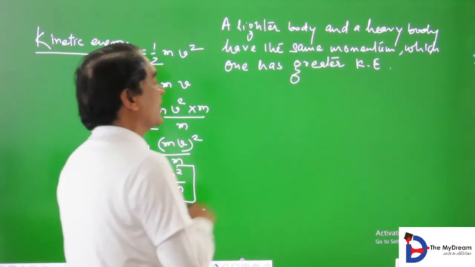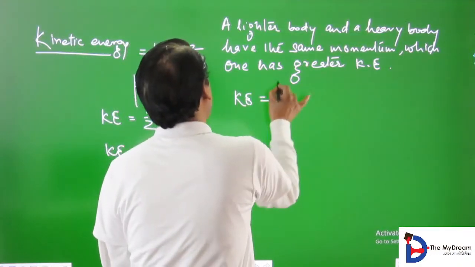Which one has greater kinetic energy? So kinetic energy is given by P square by 2m.